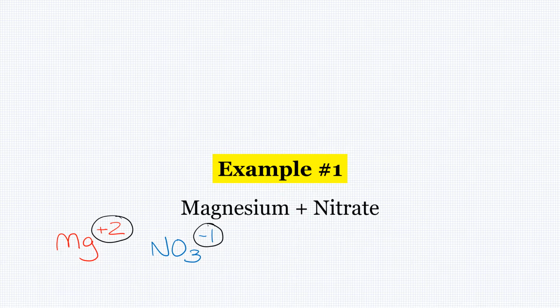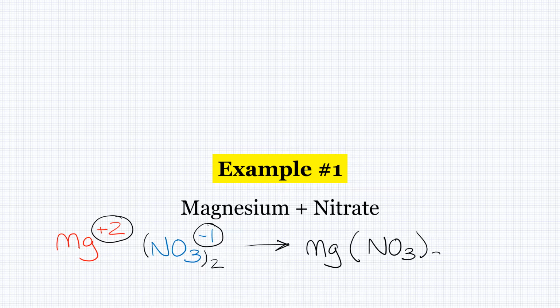So I have a +2 and a -1. I need to add a 2 here to get this to balance out. And when I do that, I'm going to put parentheses around the entire thing here. So when I write this out, again, when we write our formula, we write it without the charges. So I have Mg, and then in parentheses, the whole thing, NO3, with the 2 out here.